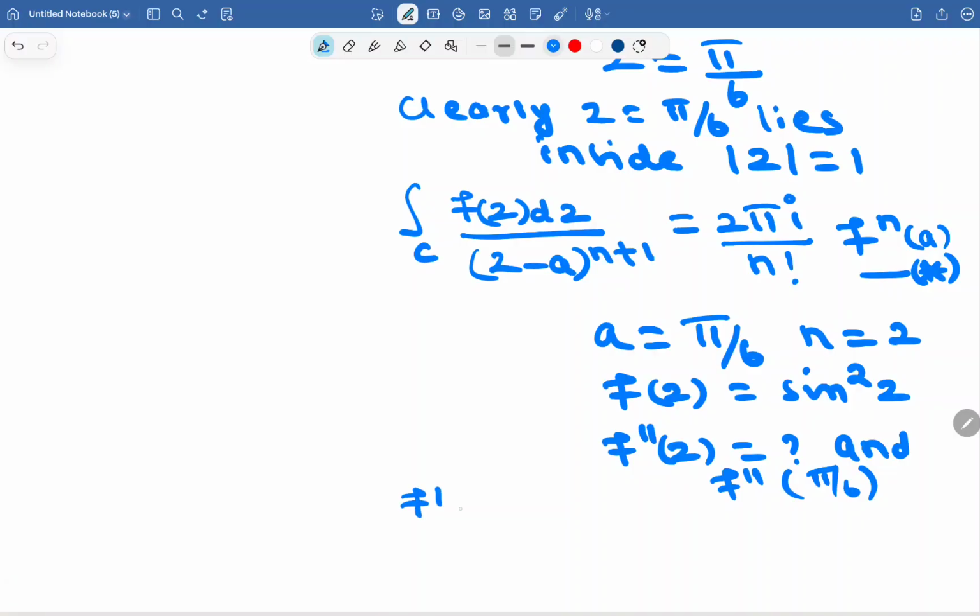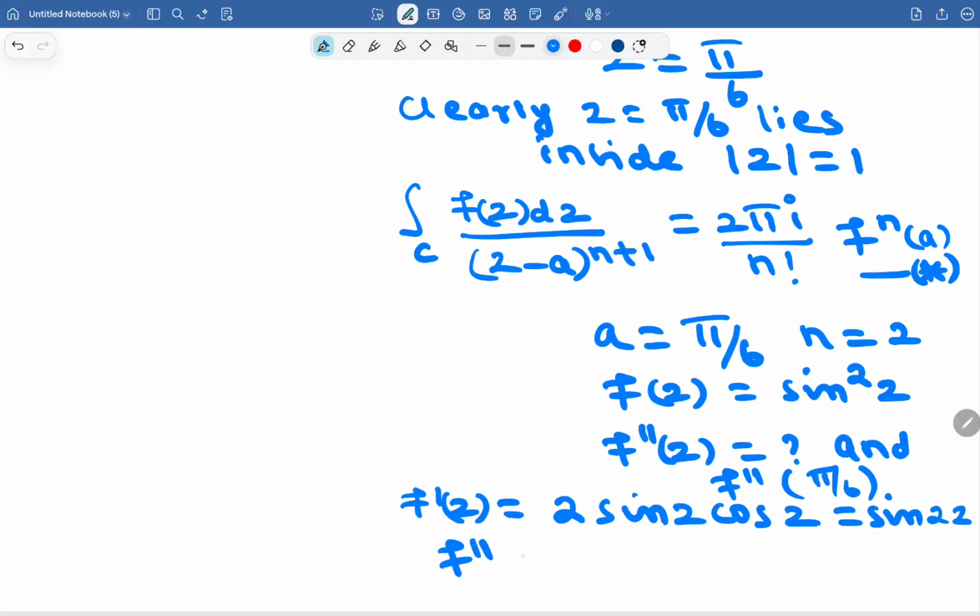What is f dash of Z? 2 sin Z cos Z, which is equivalent to sin 2Z. What is f double dash of Z? 2 cos 2Z.